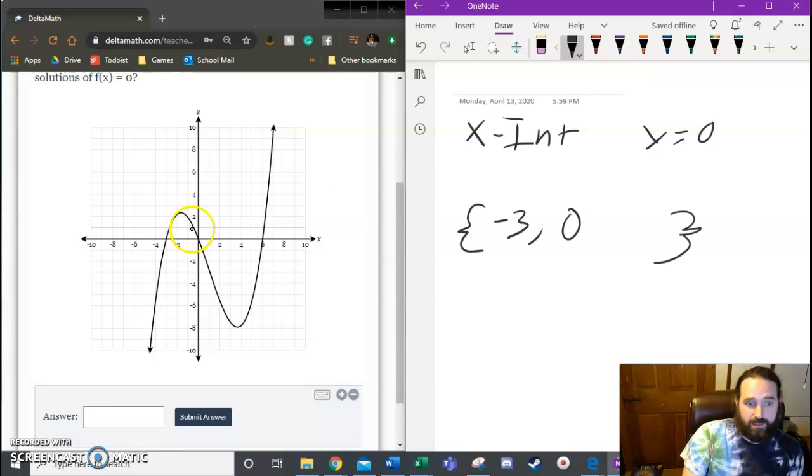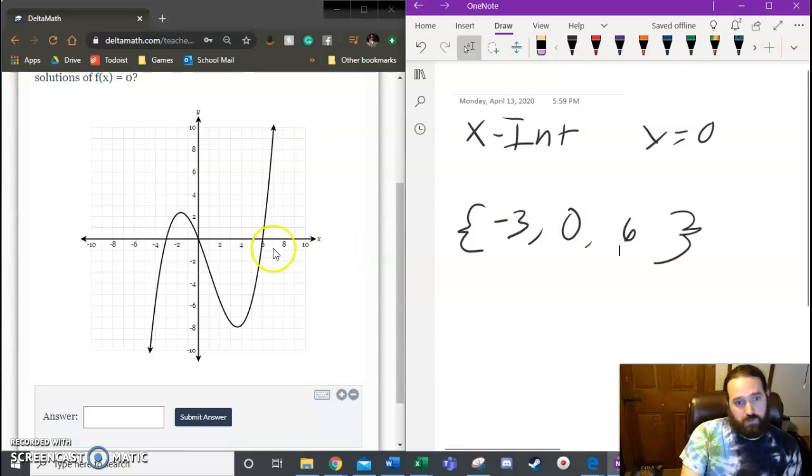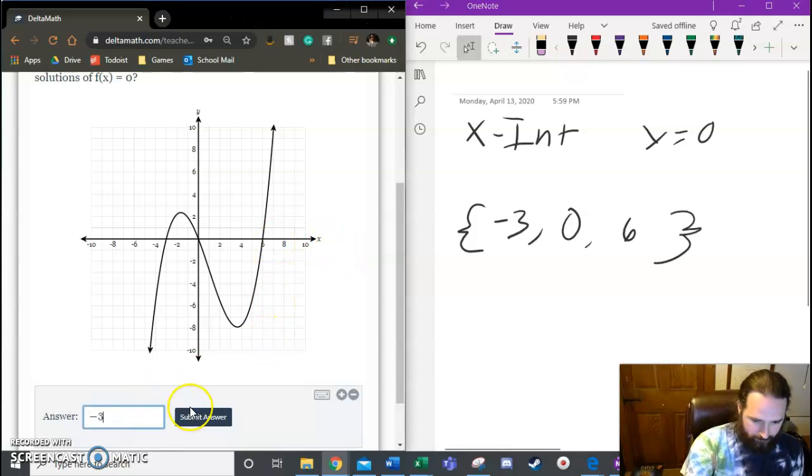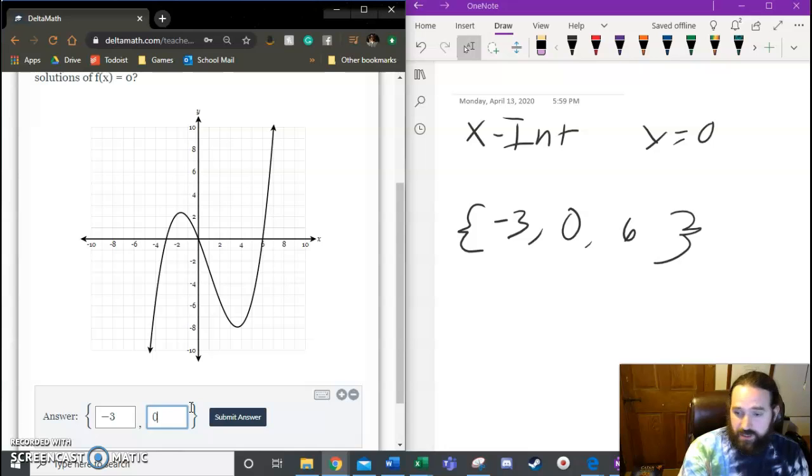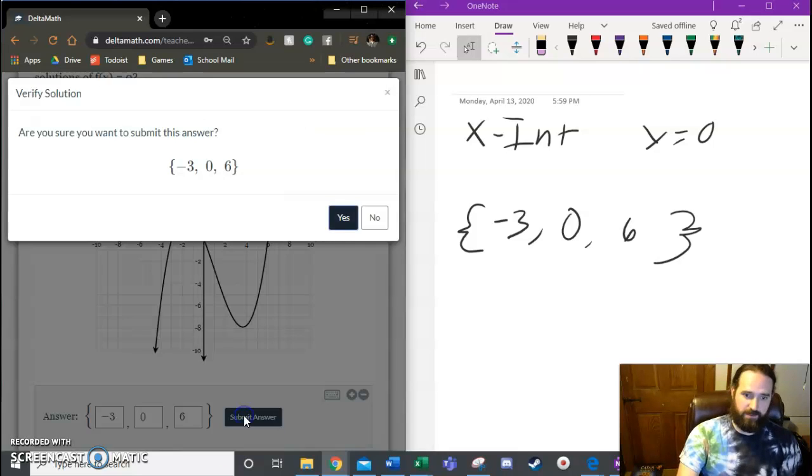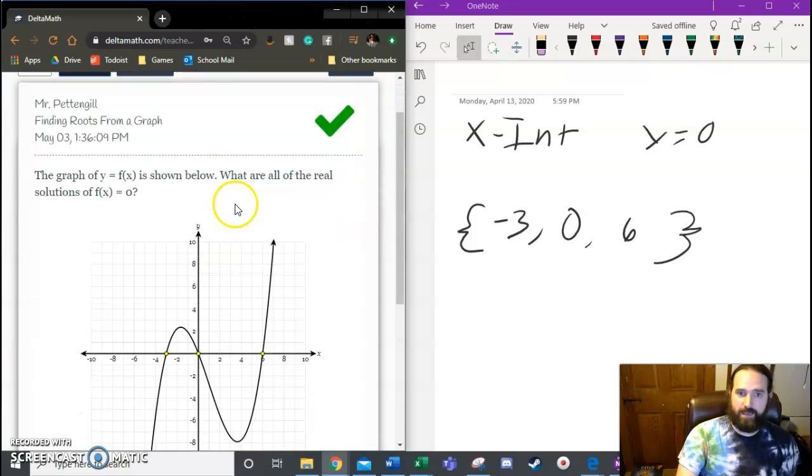The second place is at the origin, which is 0. And last but not least is a 6. So those are my answers: -3, 0, 6. Again, I hit comma to make multiple answers, and every time I hit comma, it adds a new answer. Submit, yes, yay, I didn't mess it up.